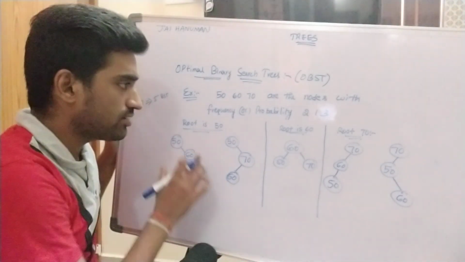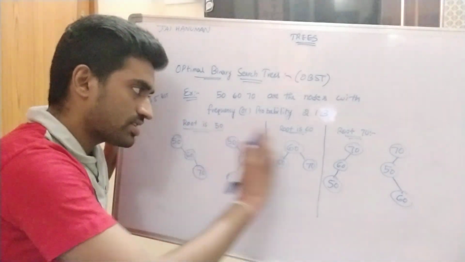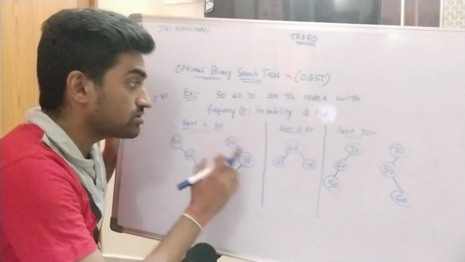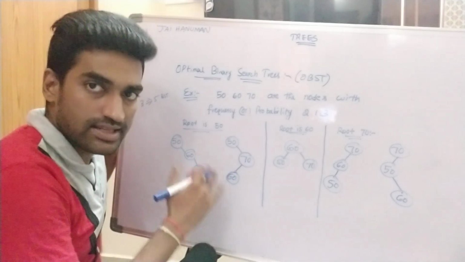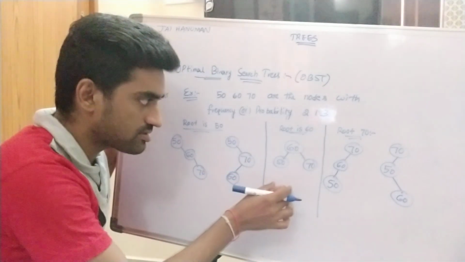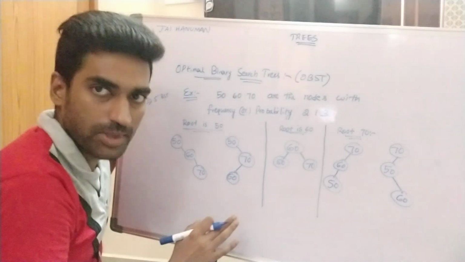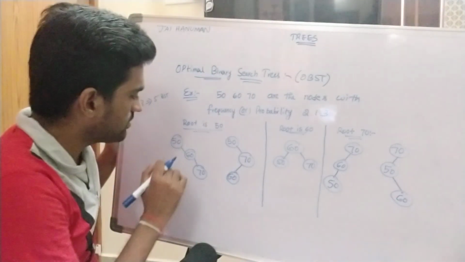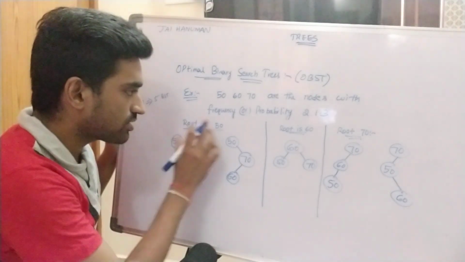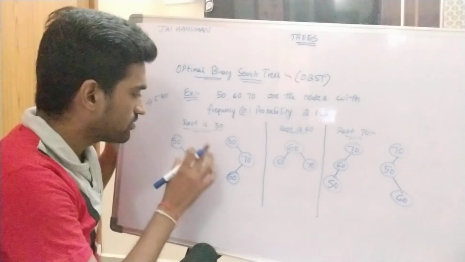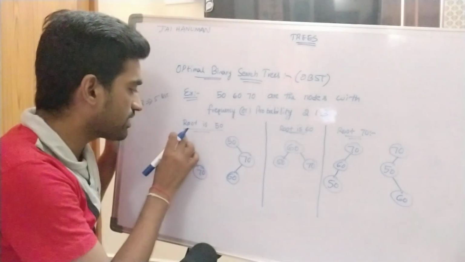Right. So after generating all binary search trees, the one among them that takes less search time as well as less cost is said to be the OBST, optimal binary search tree. Fine. So how to calculate it? Before calculating the cost of the tree, first of all we need to know how to calculate the cost of a node.